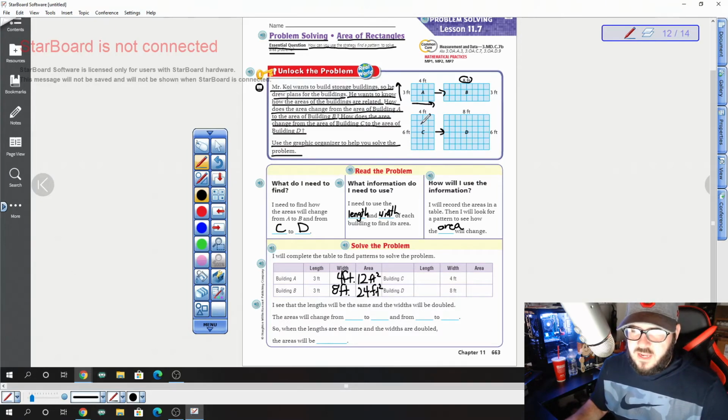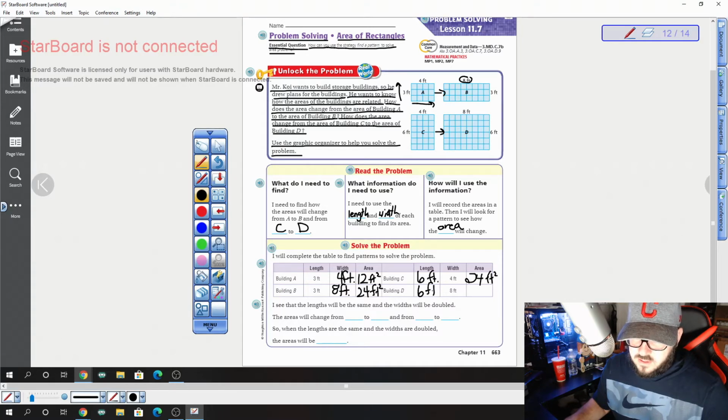Building C has a width of 4 and a length of 6. Okay? 6 times 4 gives us 24 feet squared. Okay? Building D has a width of 8 feet, but a length of also 6.